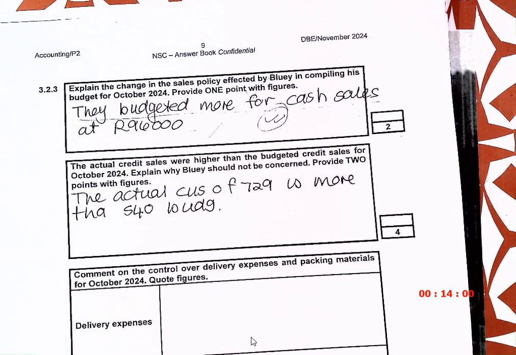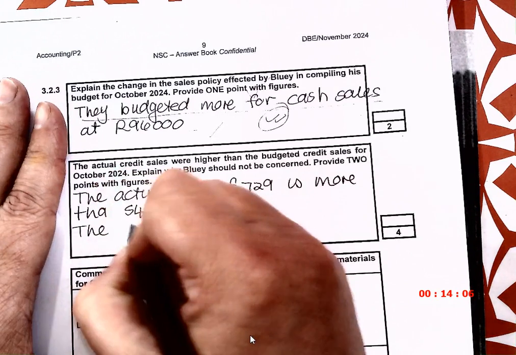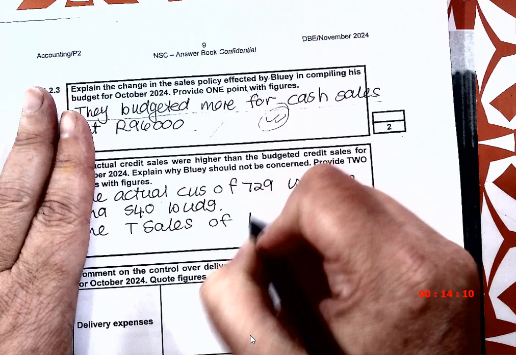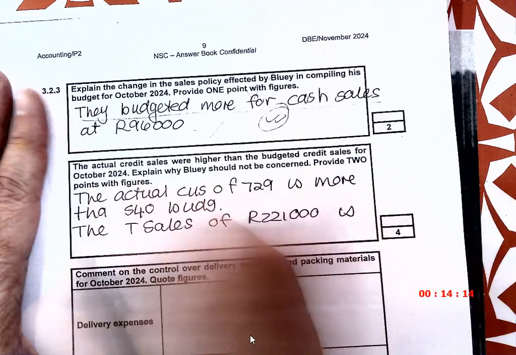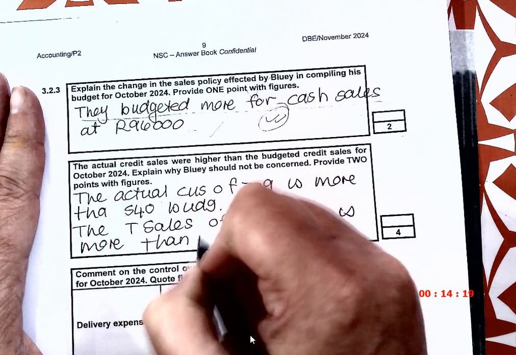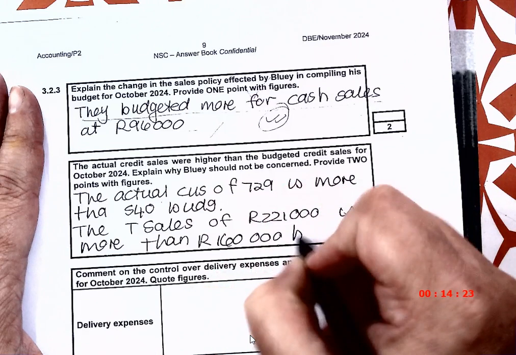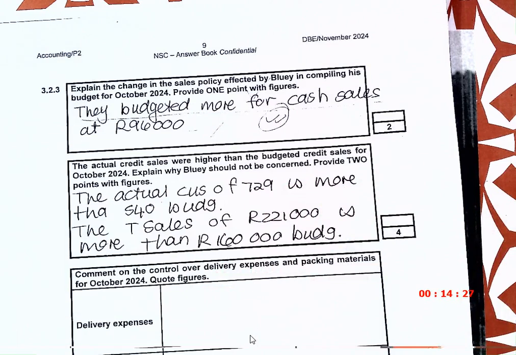Okay, so you will say the total sales of 221 is more than 160 budgeted. Or you can also do the gross profit. That's what I think.